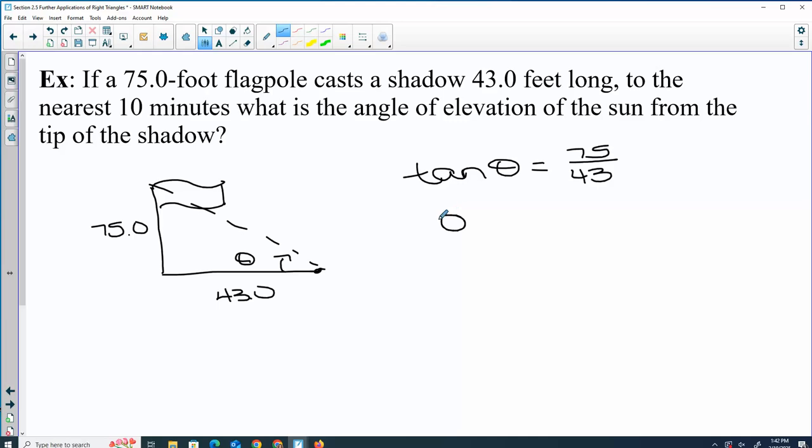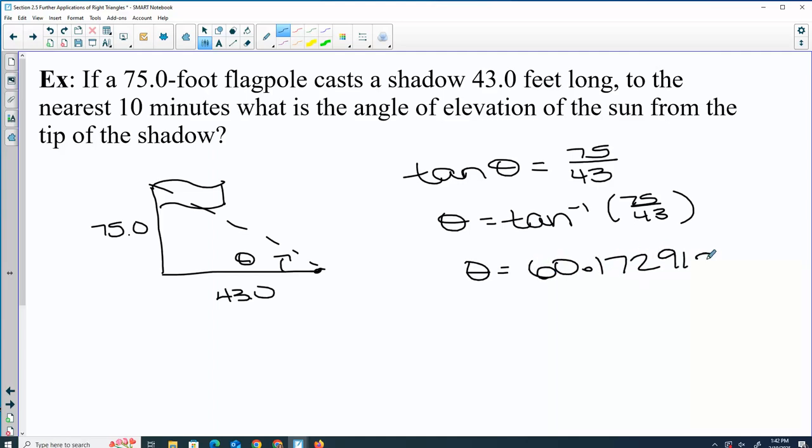Remember, if you're looking for the angle, that's when you do the inverse. How do you get, I said to the nearest 10 minutes, so this is 60 degrees.